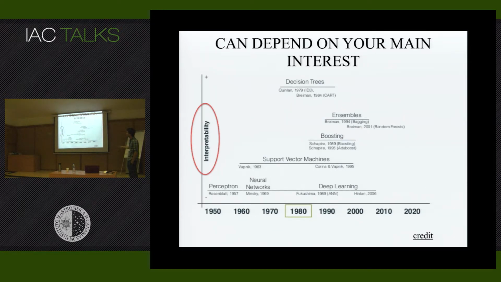For example, you can put interpretability on the y-axis. So how easily can I really understand what the algorithm is doing? Basically, you will go through decision trees, for example, and you see that deep learning is far away here. If you really want to understand what your algorithm is doing, because it's very important for your science, you want to classify objects into different classes, but you really want to know if the stellar mass is important, this is something that you won't be able to answer with neural networks, because neural networks will probably achieve a very high accuracy, but you don't know exactly what parameters they are using.